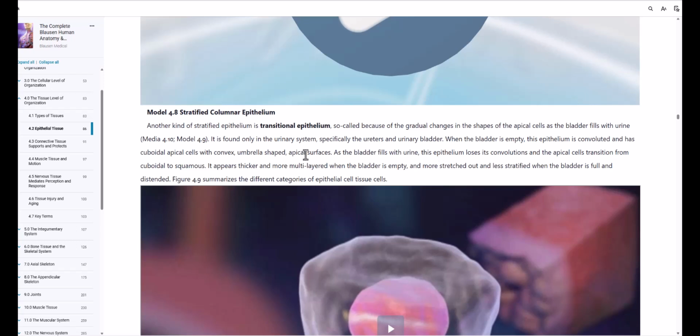You can recognize them a couple different ways. One, though, and you'll see this in the lab, is that most of the cells are cuboidal on the apical surface, and there are these umbrella-shaped cells at the surface, and they are, in fact, the telltale indicator that you're looking at transitional epithelium.